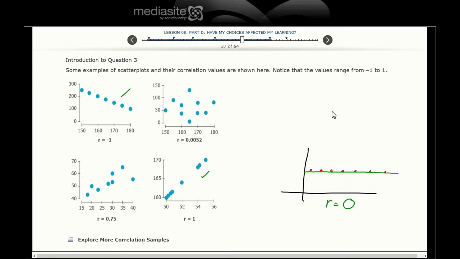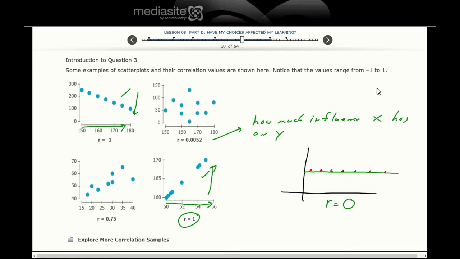Because another thing correlation tells you is how much influence X has on Y, in a very, very general sense. This one says, hey, as X gets bigger, Y values are getting less. For this one, as X gets bigger, Y gets bigger.